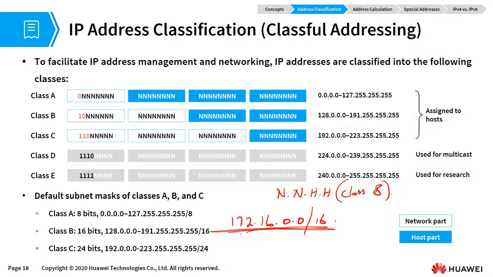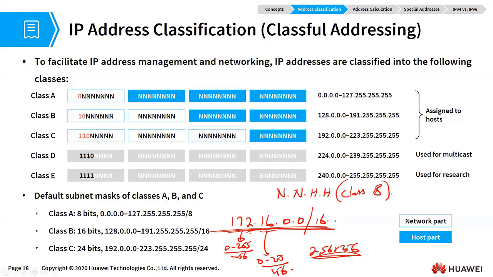Now you notice that this will go from 0 to 255, giving us 256 possibilities. This one will go from 0 to 255, giving us 256 possibilities. So the networks can be a total of 256 times 256. Are we together? Yes.